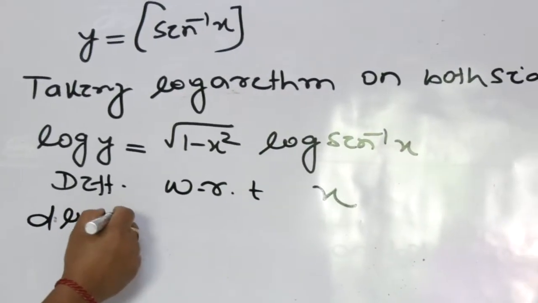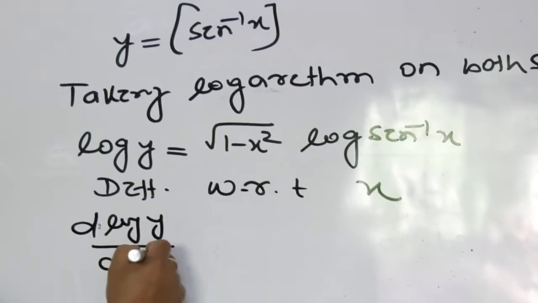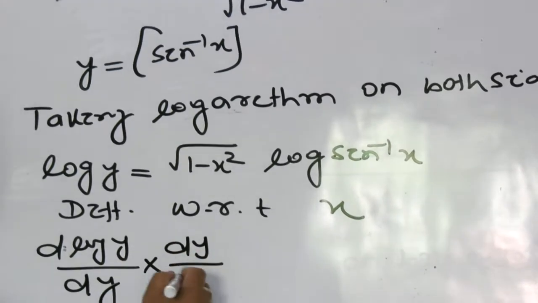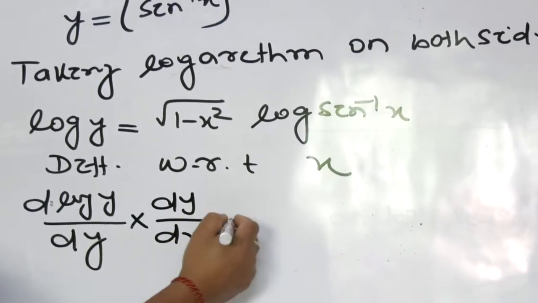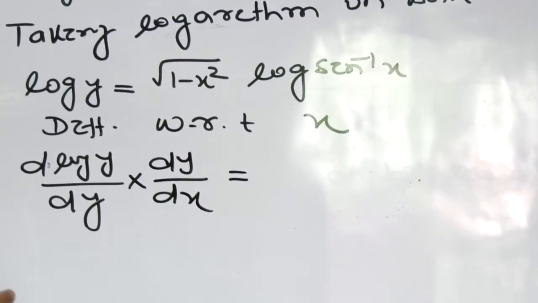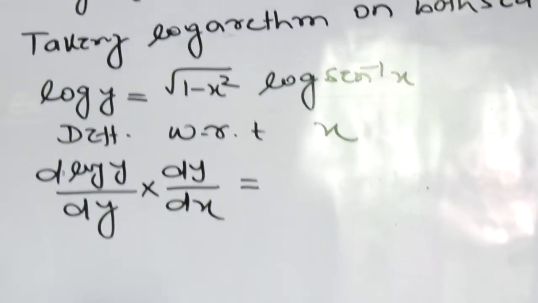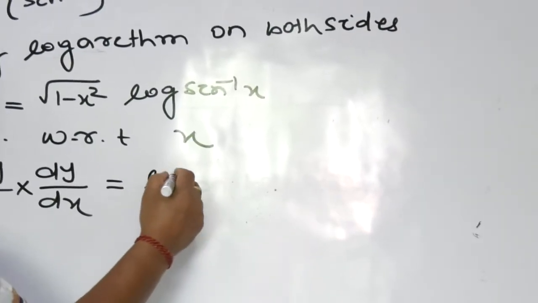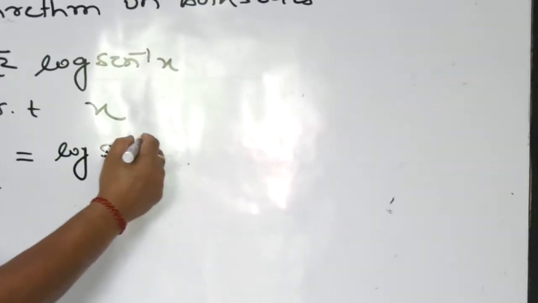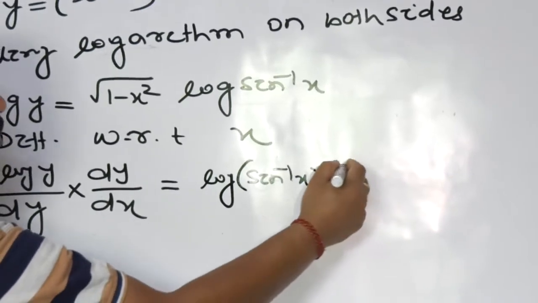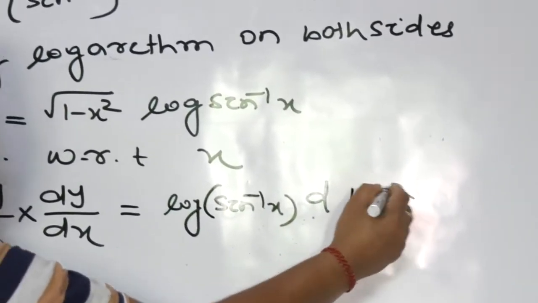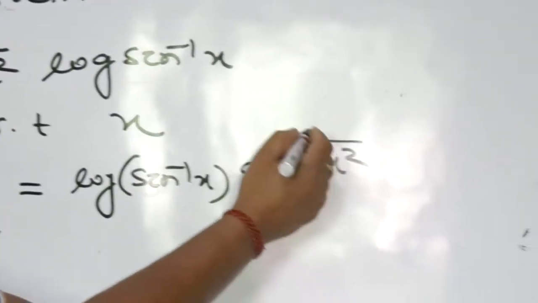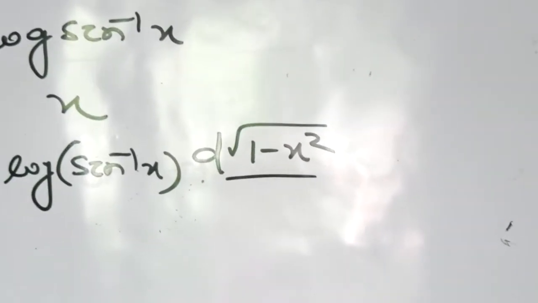Derivative of log y: first differentiate with respect to y by using chain rule, then y with respect to x. The right hand side is always the product of two functions, so we have to use the product rule. First, keeping log sine inverse x fixed, we have to differentiate square root of 1 minus x squared. Here we have to use the chain rule because square root of 1 minus x squared cannot be differentiated directly.